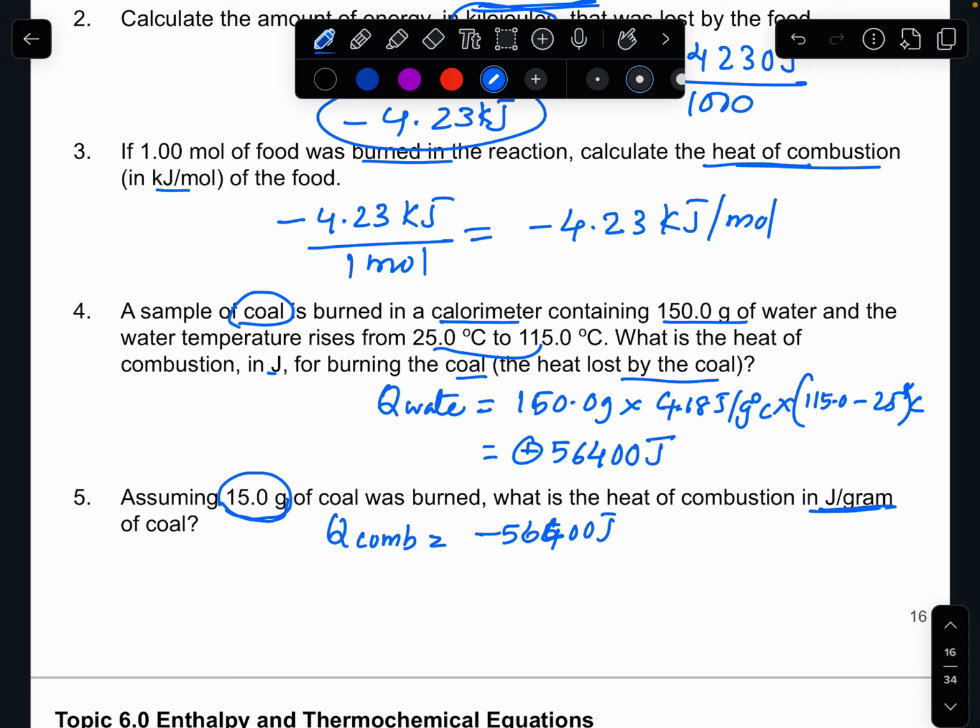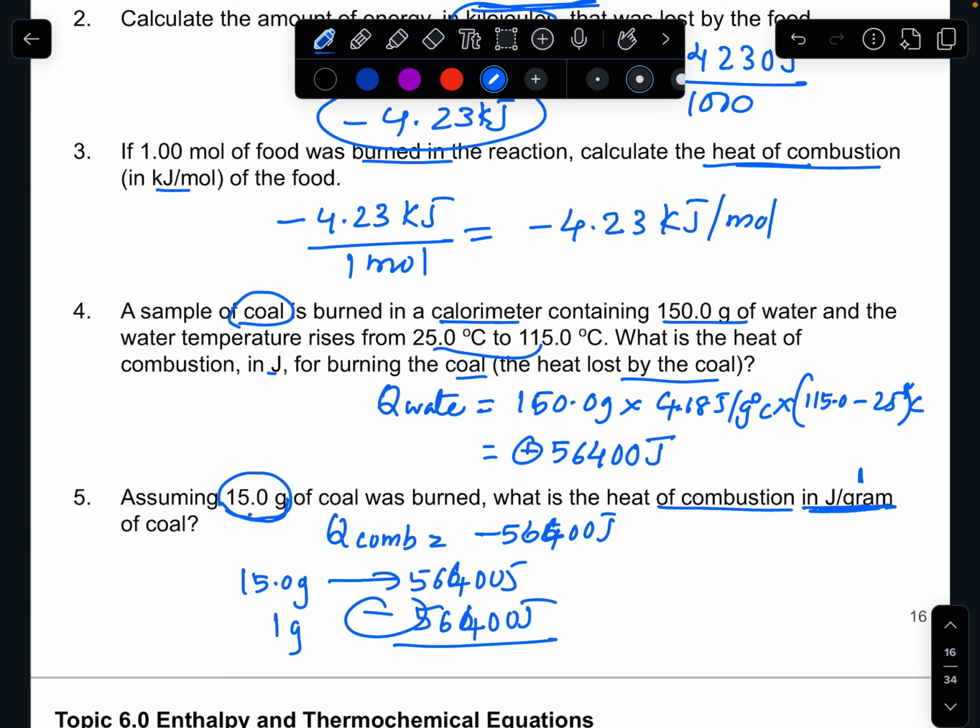Okay, so now the question is asking, initially the mass is given, 15 gram of the coal was burned. What is the heat that will be produced if there is only 1 gram? Joule per gram means there is 1 gram. So basically what you are going to do, this is 15 gram. Okay, 15 gram produced this much. Then 1 gram will be, you just divide negative 56,400 joules by 15.0 gram.